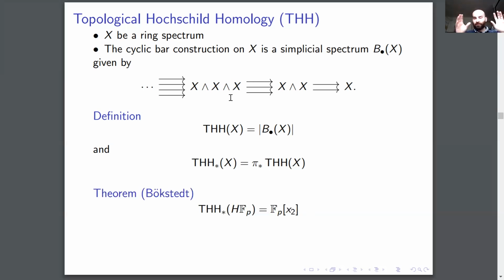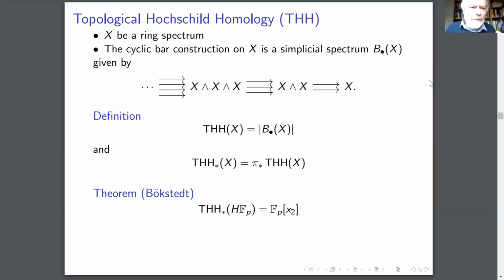Whenever you smash two spectra, you're smashing them over the sphere spectrum. So the result here really depends on the stable homotopy groups of spheres. It could be infinitely complicated, but you get this very simple result. That's one reason why THH of F_p is such an important object in trace methods. It comes from a pretty sophisticated place, but it gives you a very simple answer.